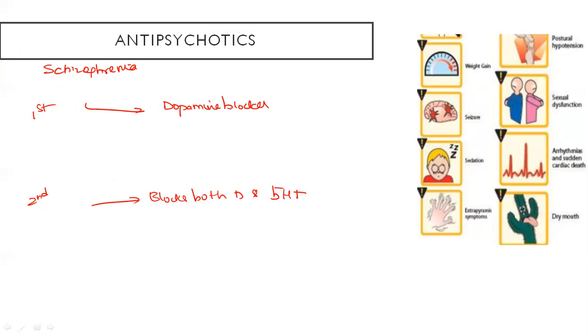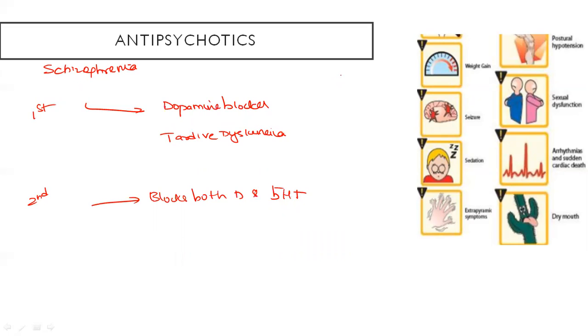Now in first generation drugs, because dopamine is being blocked, they have side effects like stiffness of the muscles and jerky movement of the muscles, also called tardive dyskinesia. In physiology of the central nervous system, we learn that there is pyramidal and extrapyramidal stimulation.